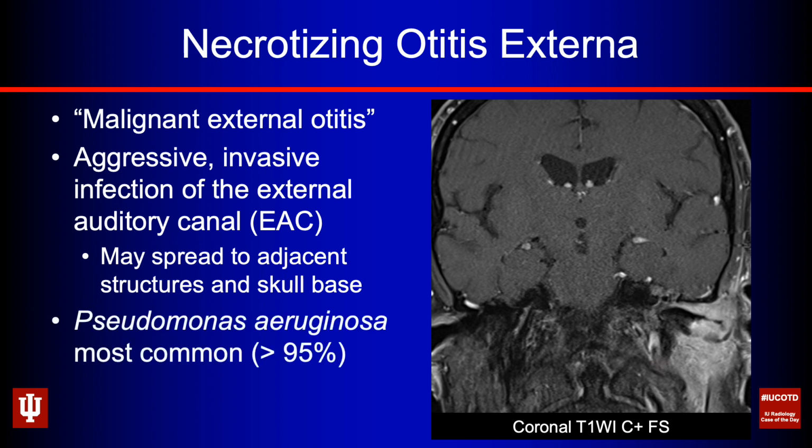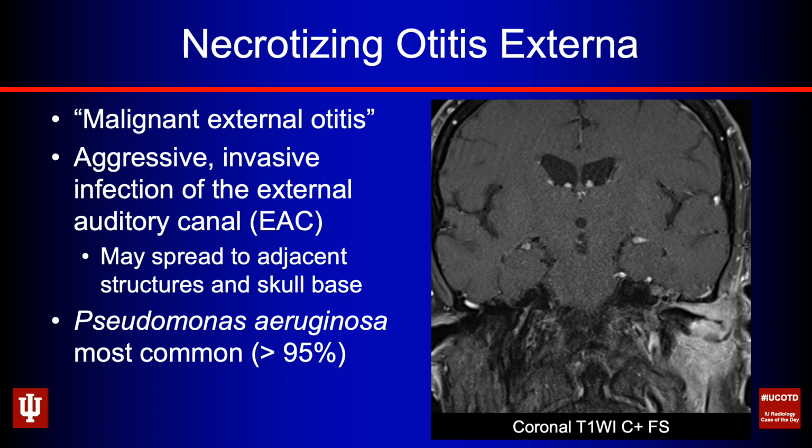This is most commonly going to be due to Pseudomonas aeruginosa. They say it's reported at 95%. There have been a whole lot more cases of MRSA NOE, necrotizing otitis externa, reported over the last several years. Even Aspergillus has sort of seen an increase as well. And so this, again, sort of depends on your population health variables, but this is something that we see classically and most commonly in the setting of diabetics with poor blood sugar control, but certainly like acute invasive fungal sinus disease as well, there is a predilection for immunocompromised patients.